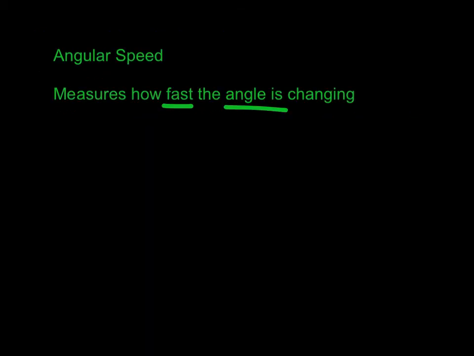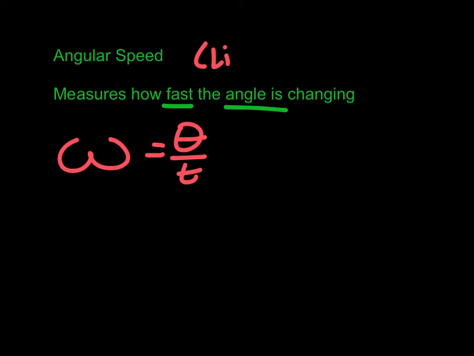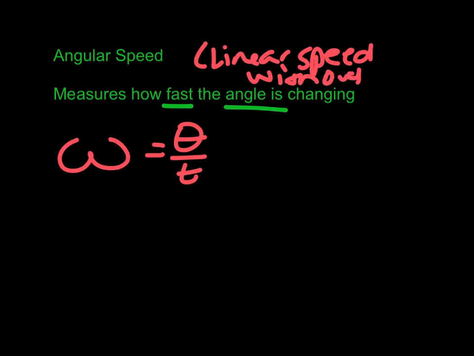Angular speed measures how fast your angle is changing. It's got a funny little symbol. It looks like this. Kind of looks like a W. It's just theta over t. So basically it's like your linear speed without taking into account your radius.